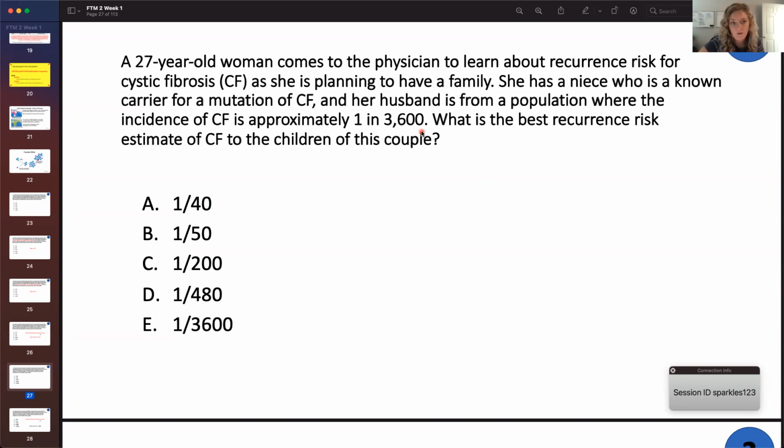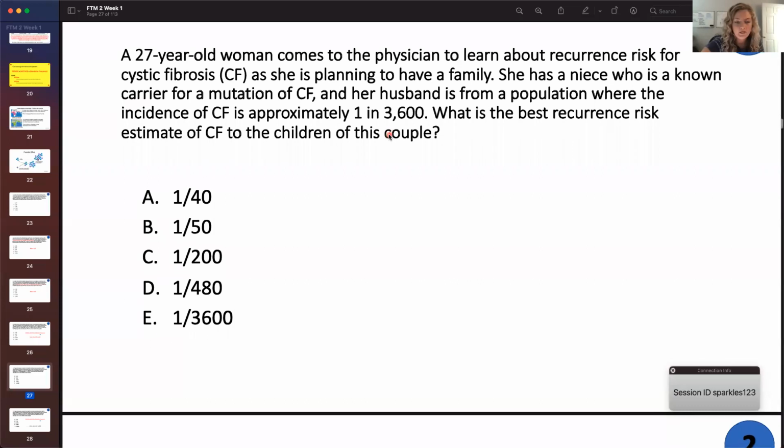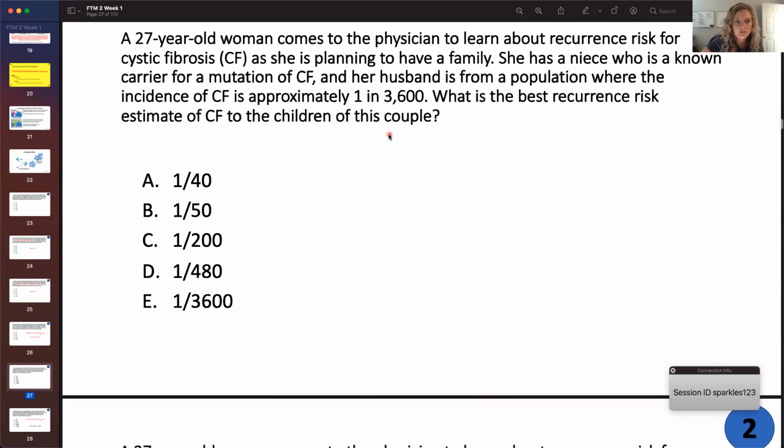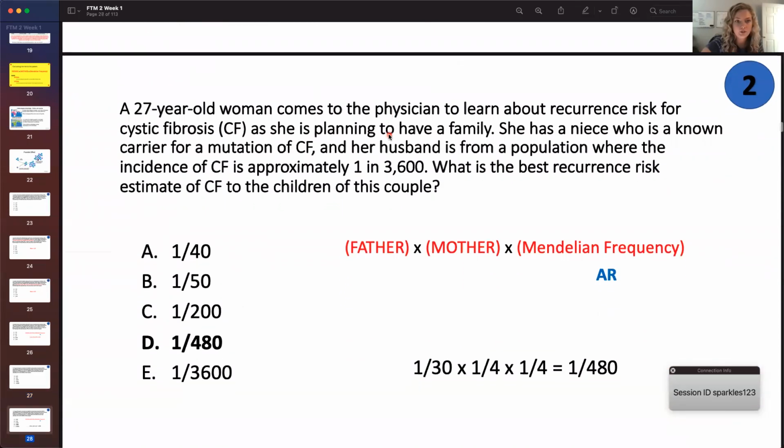So that's going to give you 1 in 60 for the, no, not the father, that would be the q. Then you're going to have to multiply that by 1/2 based off of our rules with being a carrier and the 2pq and stuff like that. So it's going to be 1 in 30 that is the father's risk, because you're using the population.